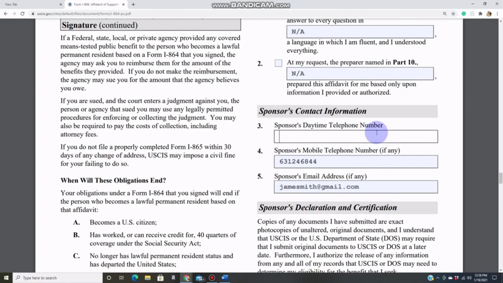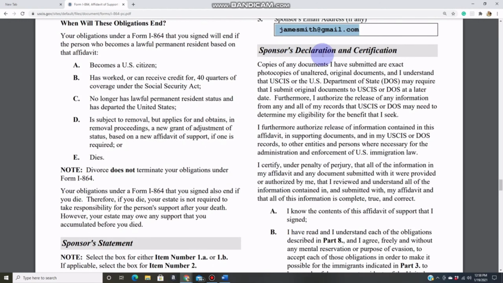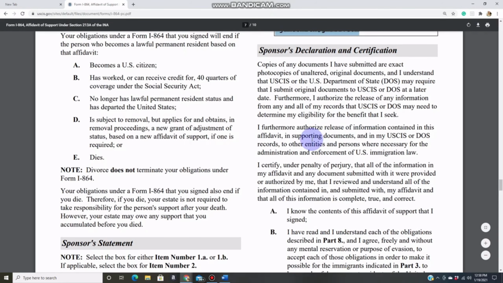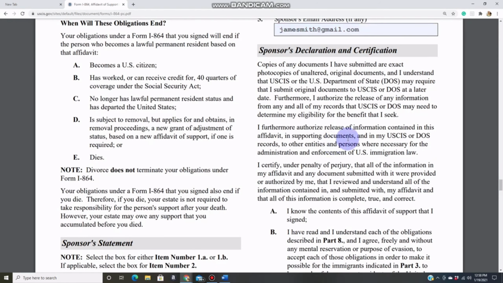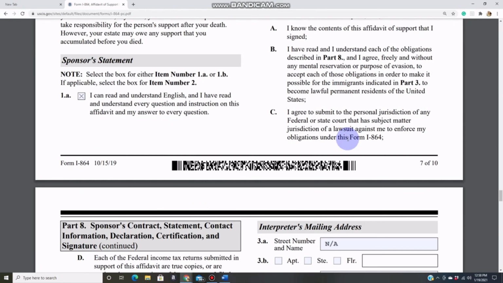He does not have a daytime telephone number, and this is the mobile number, and this is his email. Okay? This is the sponsor's declaration and certification. The sponsor must read this carefully and understand this carefully before submitting this Form I-864 for your derivative applicant.